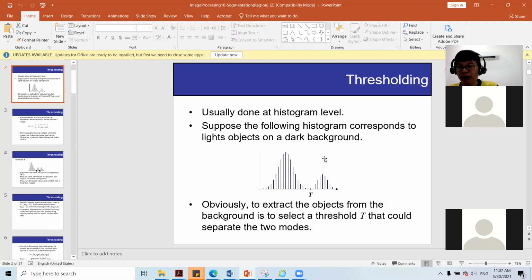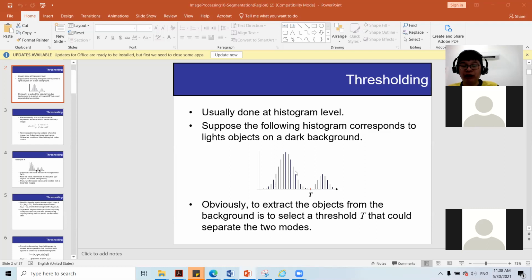Can anyone give input? What kind of observation can you see for the first group and the second group? Yes, you can see two different groups.